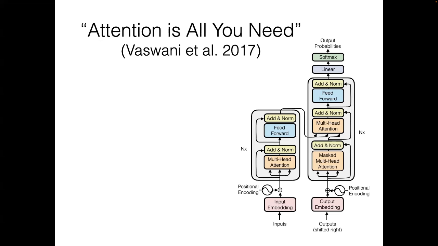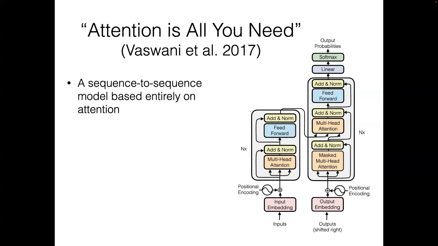Transformers were proposed in a paper called Attention Is All You Need in 2017. The idea was they came up with a sequence-to-sequence model, and as I've mentioned, it's based entirely on attention. You don't have any recurrent hidden state, and you don't have the idea of convolution that I briefly mentioned. The core operation will be attention.